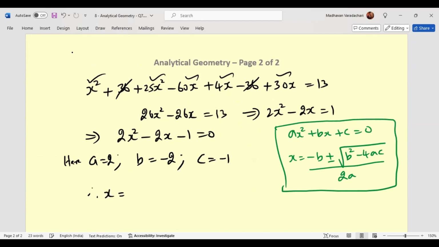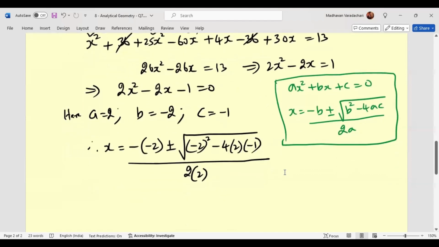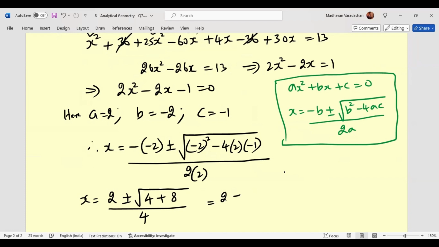Therefore, x is equal to minus b, minus of minus 2, plus or minus square root of b square, minus 2 the square, minus 4 into a into c, divided by 2a. So we will have now x is equal to minus of minus 2, it becomes plus 2 plus or minus square root of, this is 4 minus of minus, it becomes plus 4 twos are 8, divided by 4. That is 2 plus or minus root 12 by 4.